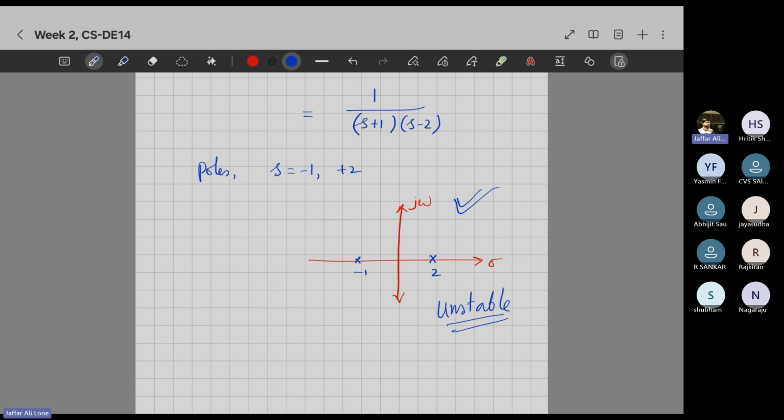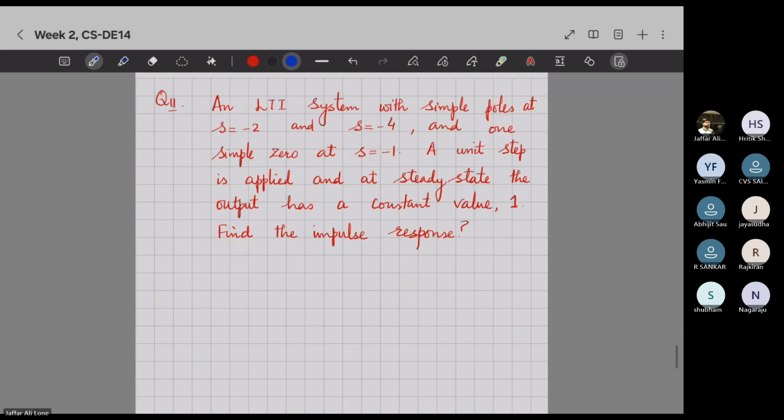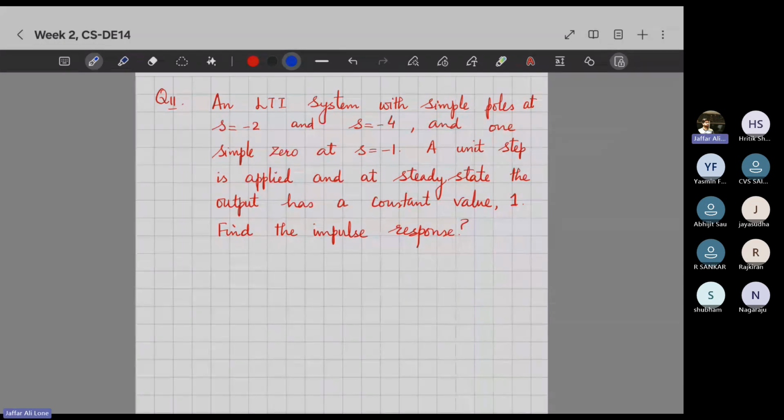Others are very simple. Now, this question combines whatever you've learned in the previous week and this week. I have not given any option. If you're able to answer this, it means you have understood the concept, and there is no need to go through the contents of your week again.